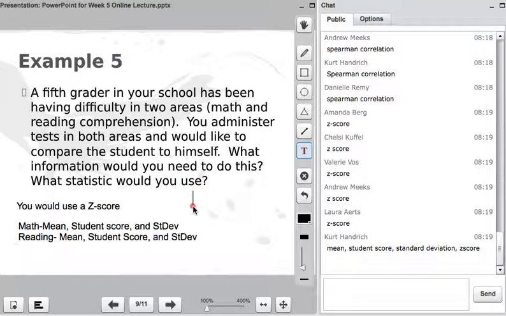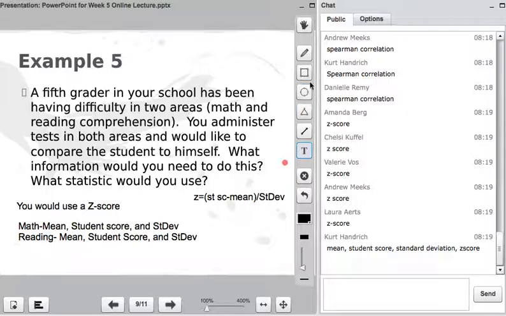Let me write that out. Z equals student score, minus the mean, divided by the standard deviation. That is the z-score.